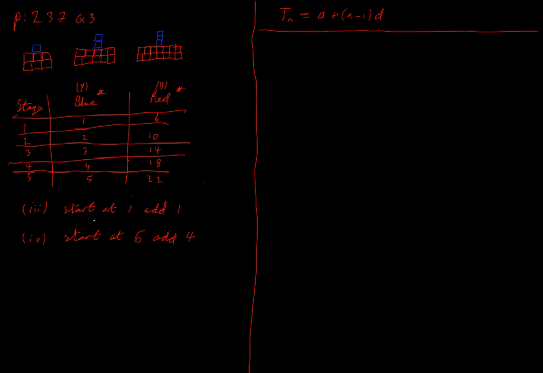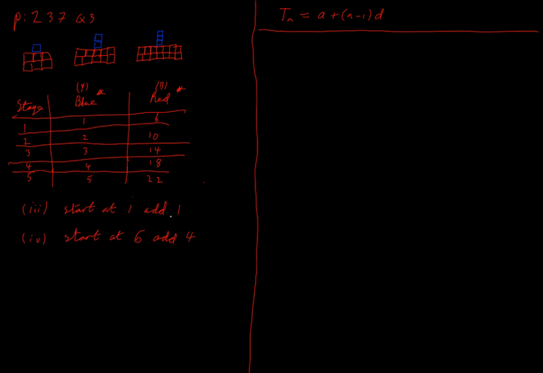Now in part 3 we're asked to describe in words how the number of blue boxes is growing. Well, we're going to start with 1 blue box in stage 1, and each time we get 1 more blue box.